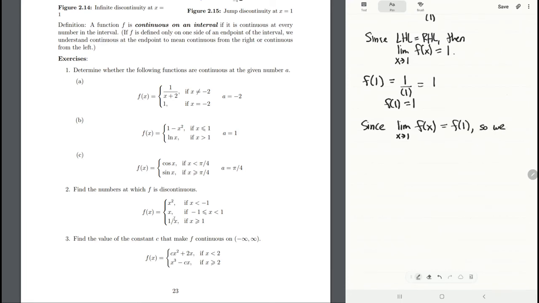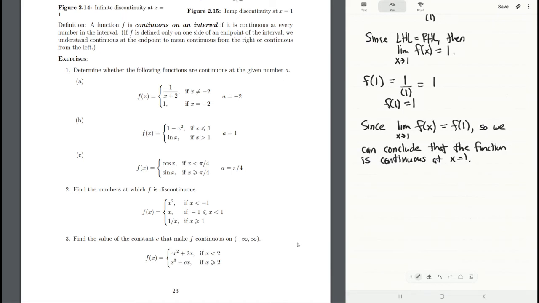So we can conclude that the function is continuous at x equals 1.